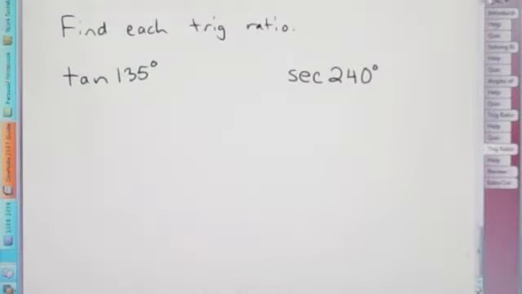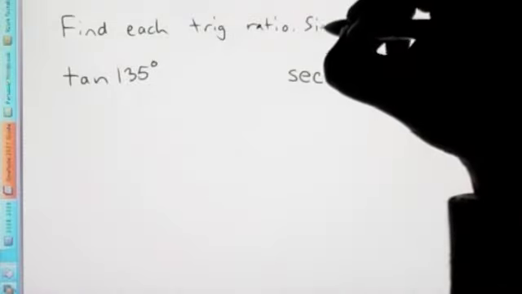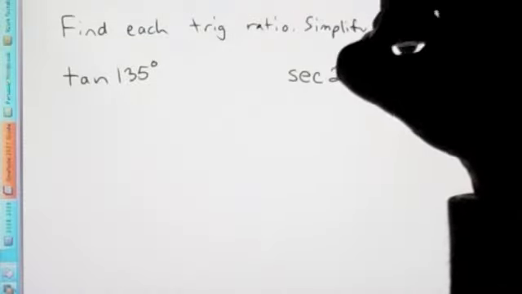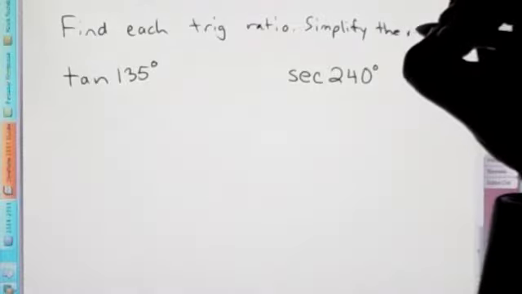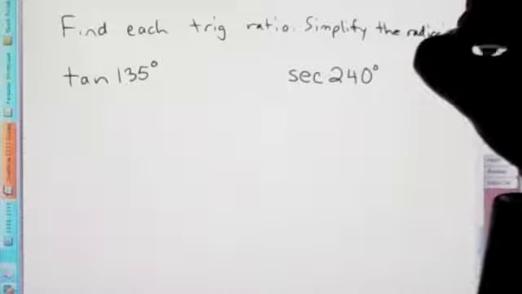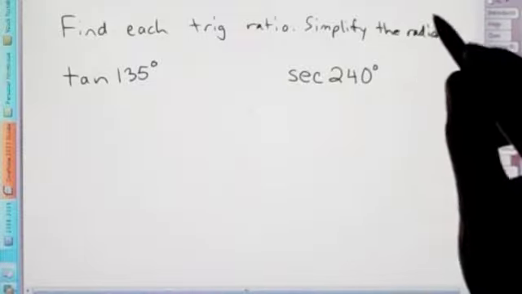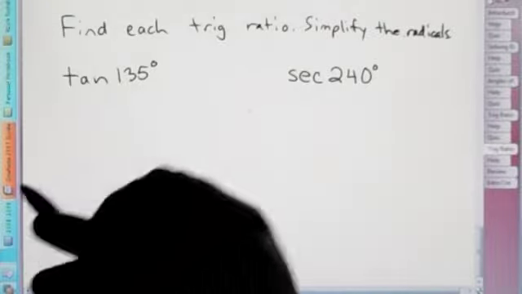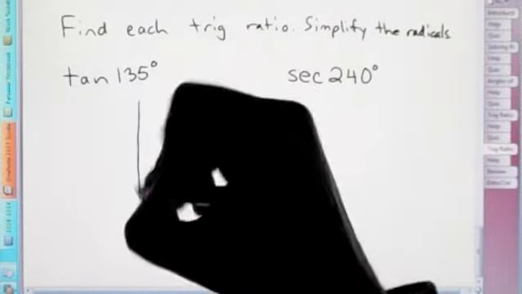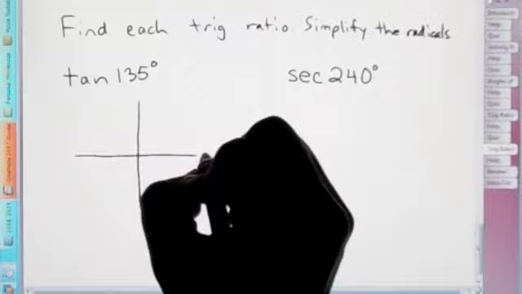So let's take a look at how we use this. Find each trig ratio. Tangent of 135 degrees. We have to find the ratio of 135 degrees, and let's say we also have to simplify the radicals. What that means is we don't want any square roots in the denominator for our final answer. So here, tangent of 135, what you want to do first is graph that angle.